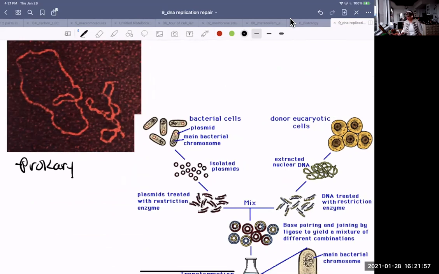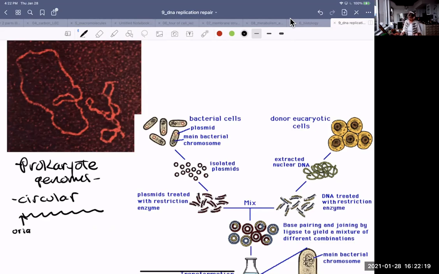Prokaryote genomes have a single origin of replication and a single termination point. So their DNA is replicated from here, the origin, to here, the terminal end.